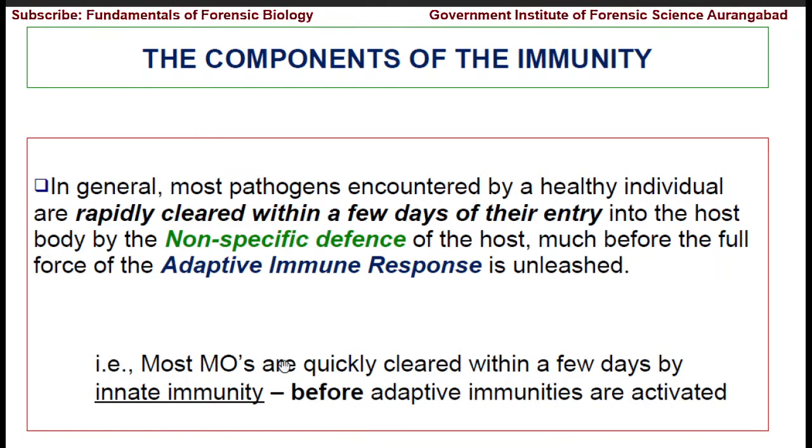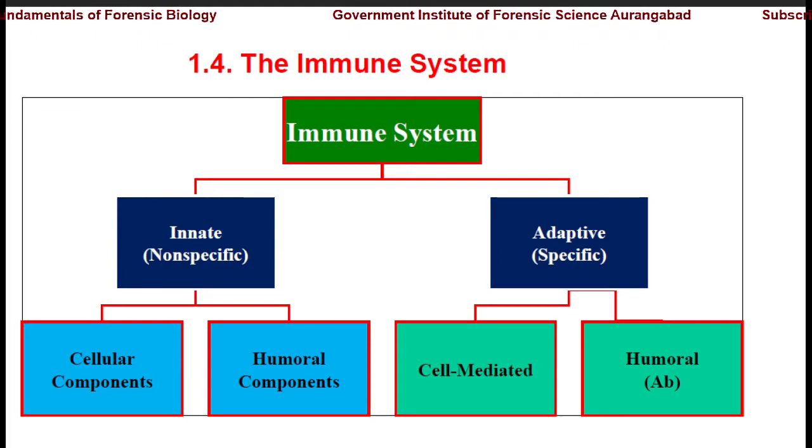Now we can classify the innate, or non-specific, immune system into cellular component dependent or humoral component dependent. The same is true for adaptive immunity. It is specific, and it can be cell mediated or humoral. This we will discuss in the next video.